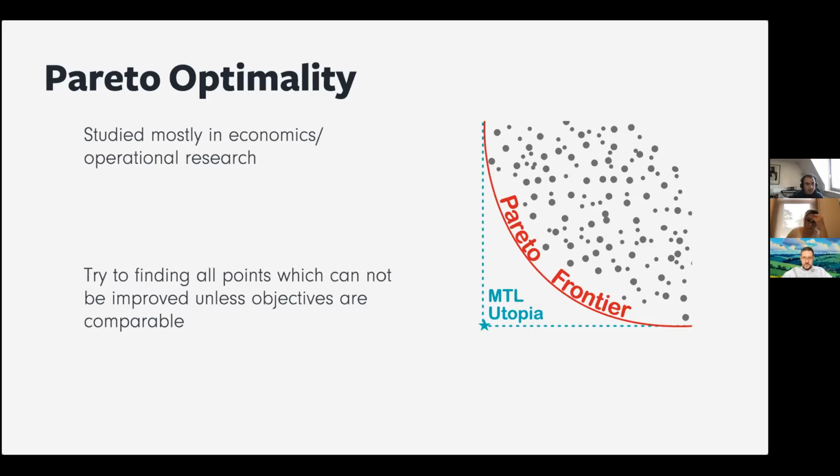In other words, if something is Pareto optimal, improving one objective would require giving up on another objective. And instead of finding a single utopic solution, what I want to do is find a set of solutions which covers the entire Pareto optimality frontier.